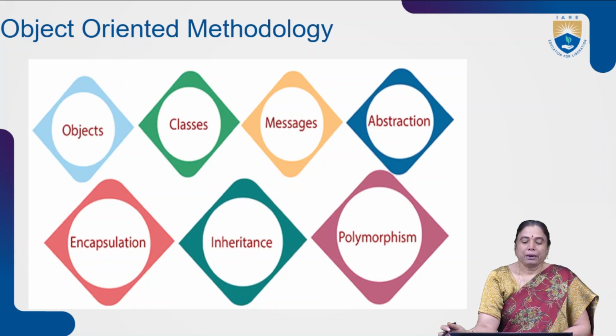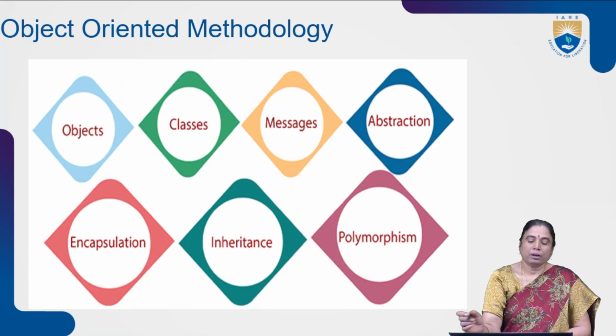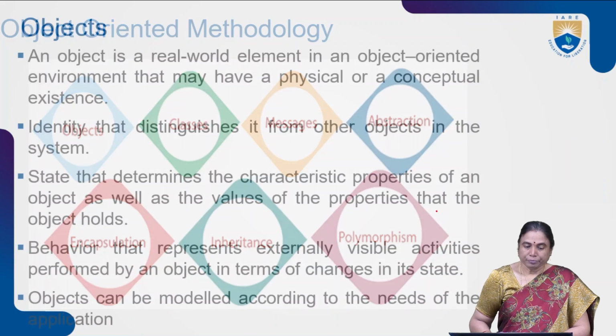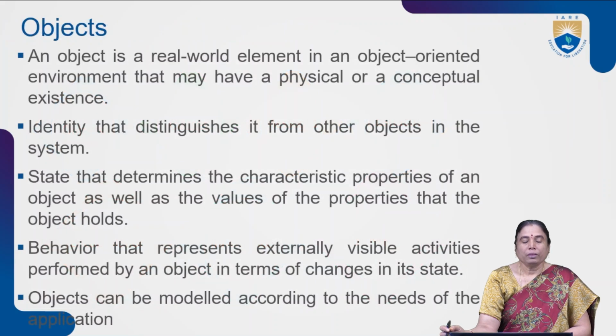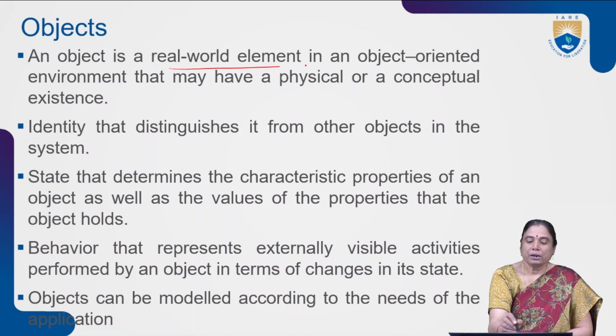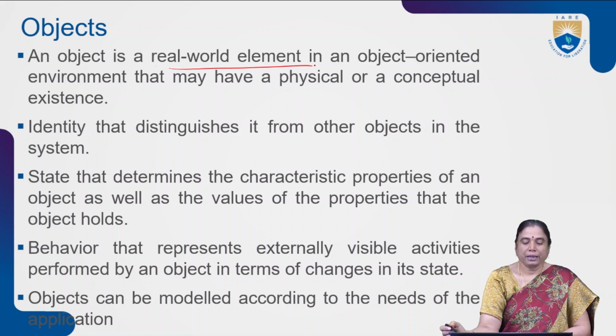In the object-oriented methodology, the basic principles involved are the object, class, messages, abstraction, encapsulation, inheritance, and polymorphism. Objects are used as real-world elements in an object-oriented environment that may have a physical or a conceptual existence.